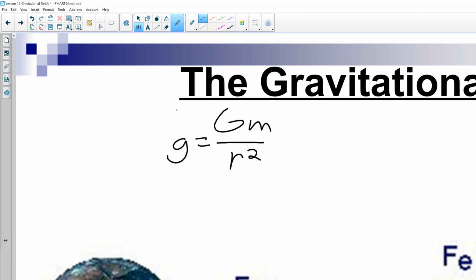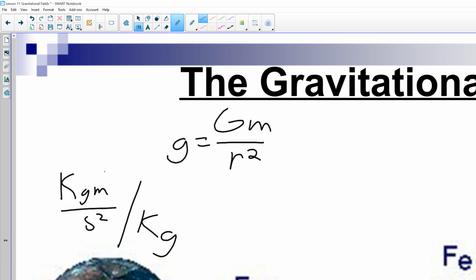So it's going to be in meters per second squared or newtons per kilogram. They're the same thing. A newton, remember, is a kilogram meter per second squared, and in a newton per kilogram, the kilograms cancel, and you get meters per second squared. So either unit would be fine if you were writing that as an answer.